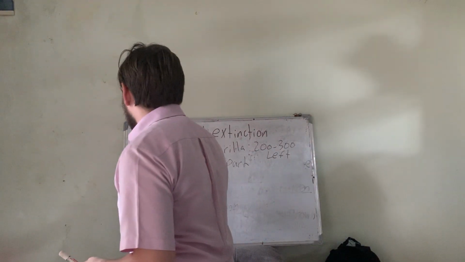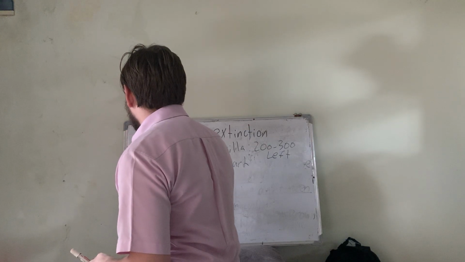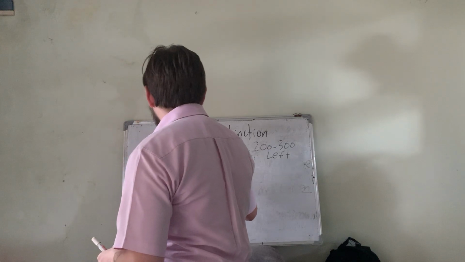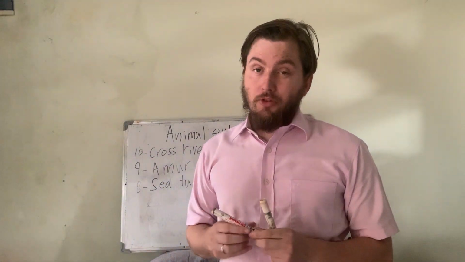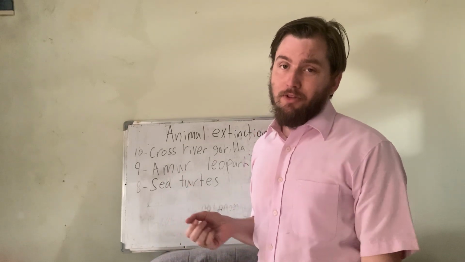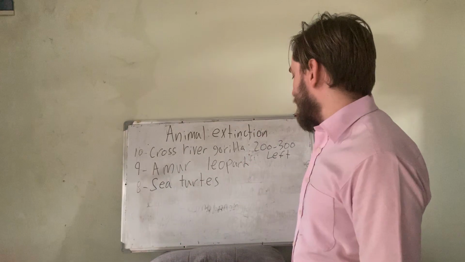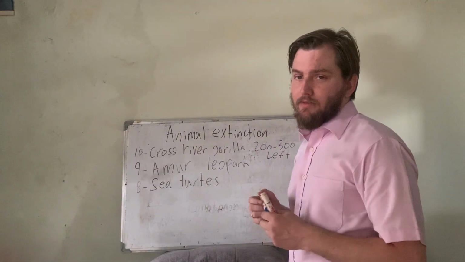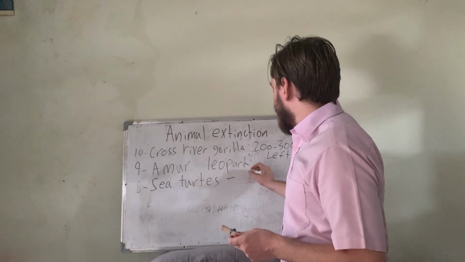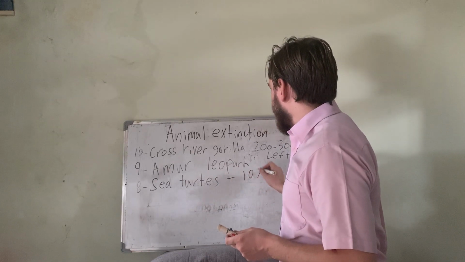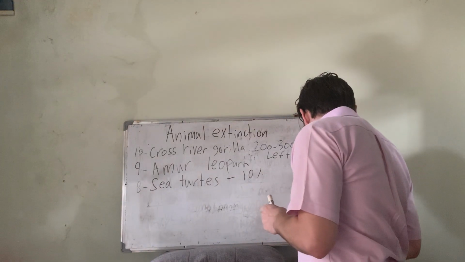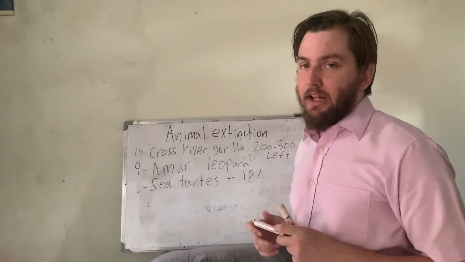That's one that is probably in Indonesia and other places where we can see these sea turtles. We've seen a lot of them in the zoo, but they are also becoming extinct. There's only a few left. They say only 10% of sea turtles are left.